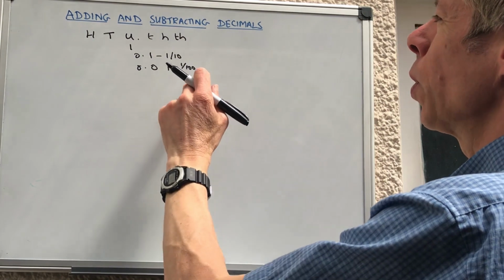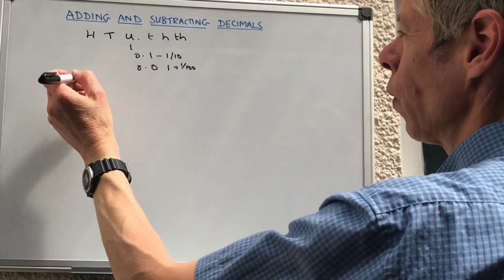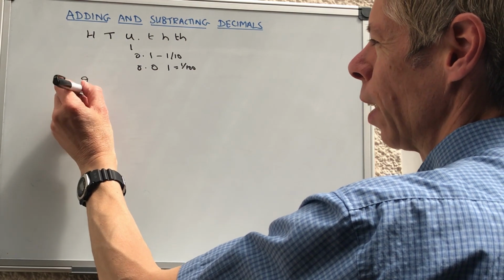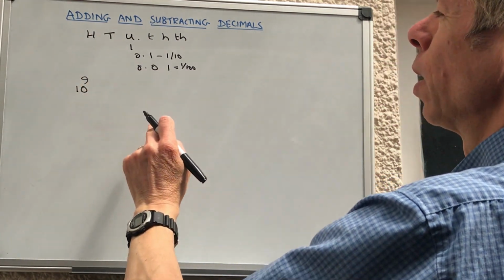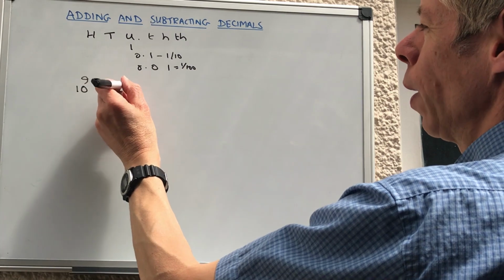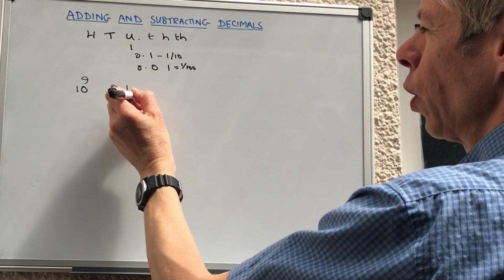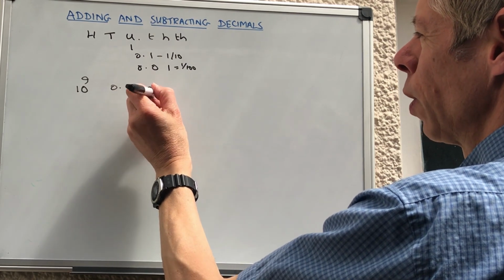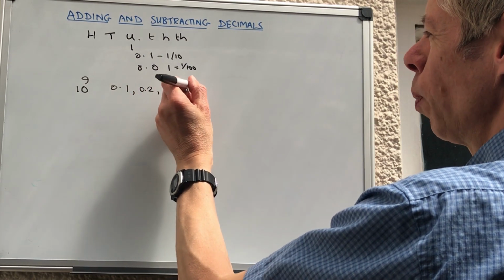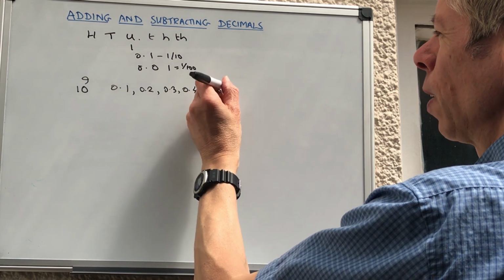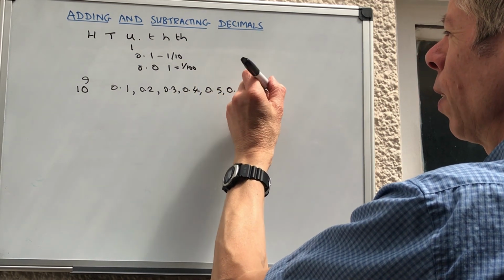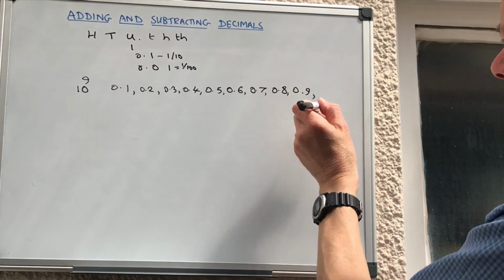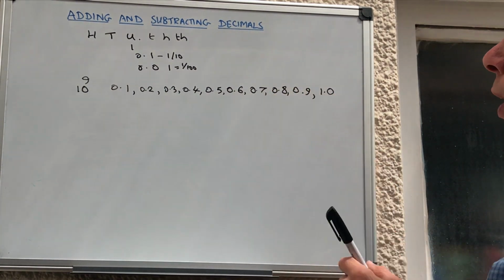And we're still thinking, when you count up to 9, and then the next number is 10, so you've pushed it along once. So if you do 0.1, you count up in tenths, you get 0.2, 0.3, 0.4, 0.5, 0.6, 0.7, 0.8, 0.9, and then it's 10, so it'd be 1.0.